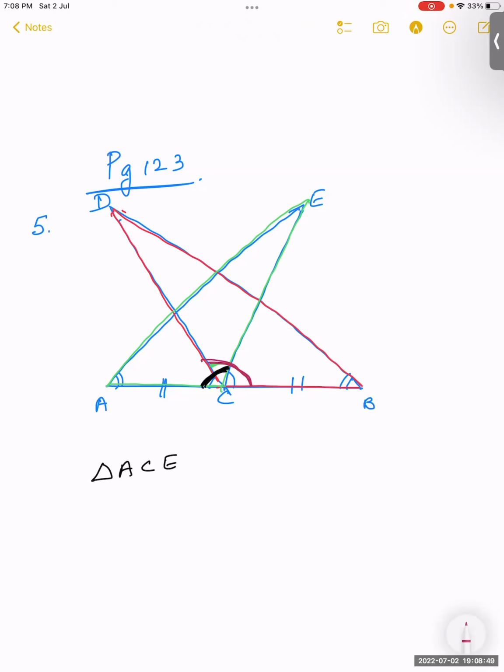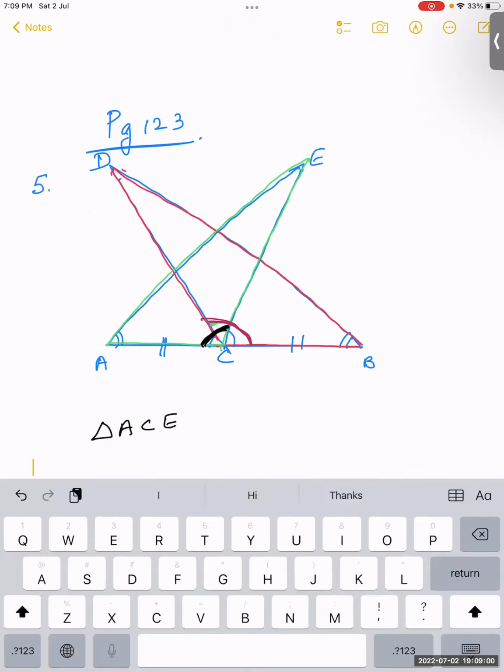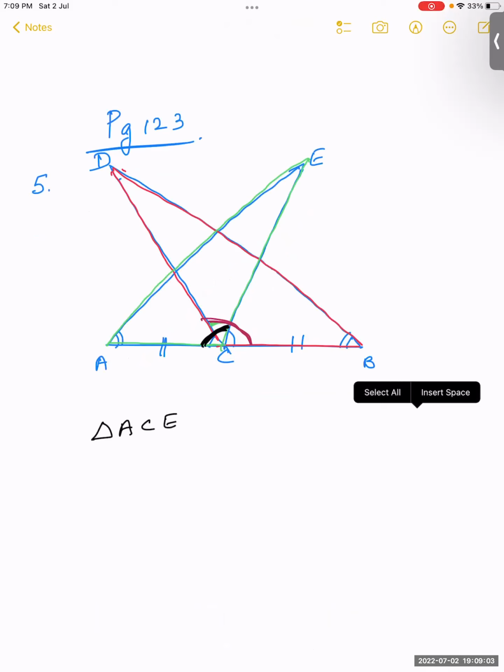Don't you think they have to be equal? Why equal? Because in the question they have given angle ACD is equal to angle ECB.